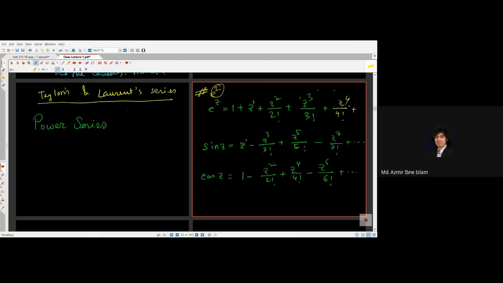So this is the advantage of power series. Actually, the algorithm in today's calculator is behind this power series. The calculator is not doing e to the power 2 directly. The algorithm that is defined there is based on this power series.